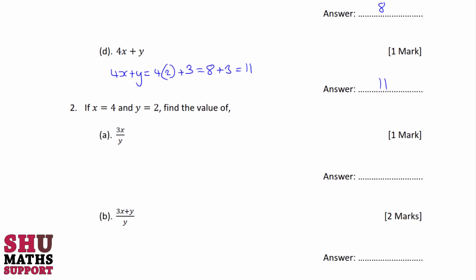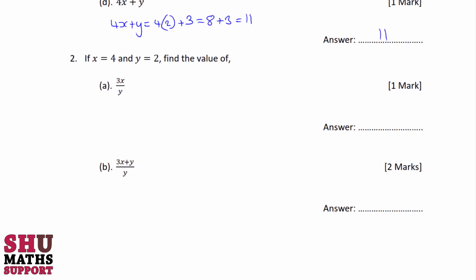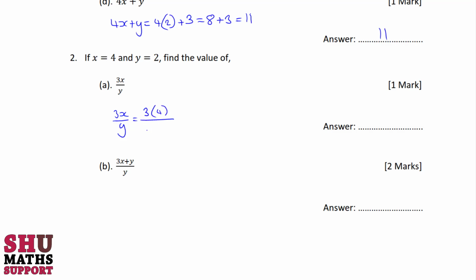Now the next question, which is question 2, says that if x is equal to 4 and y is equal to 2, then find the value of, and the first question is 3x divided by y. So our values for x and y have changed, and we have 3x over y is equal to, well, if the value for x is 4, then that means we have 3 times 4 on the numerator, and then we're dividing by the value for y, and the value for y is 2.